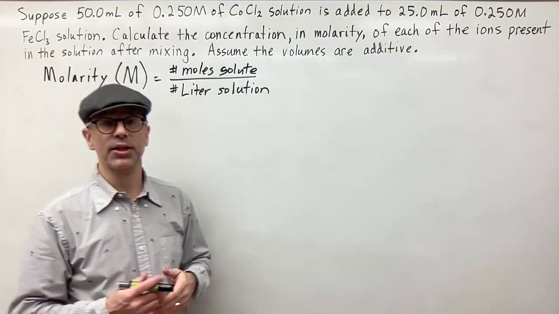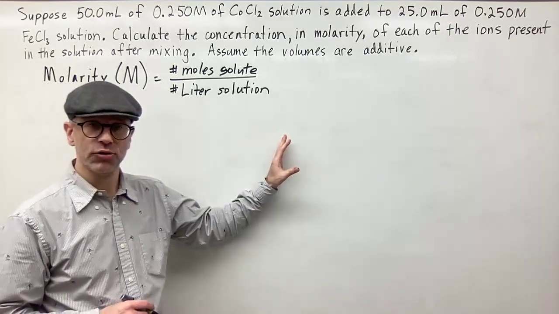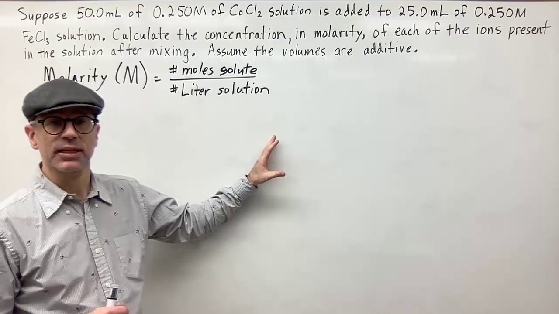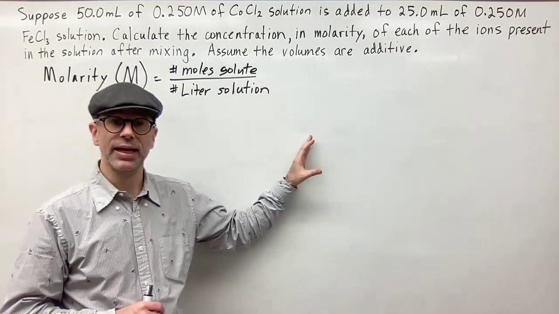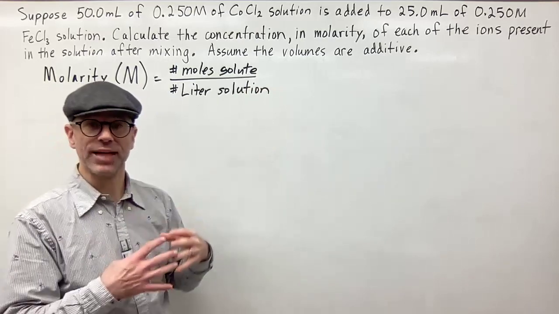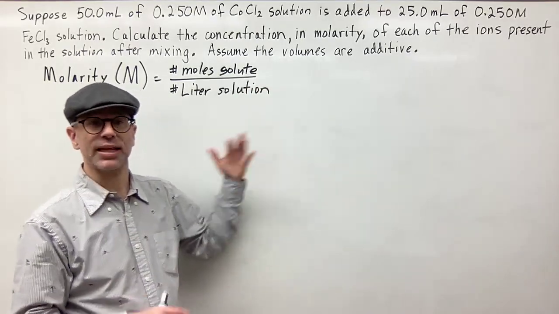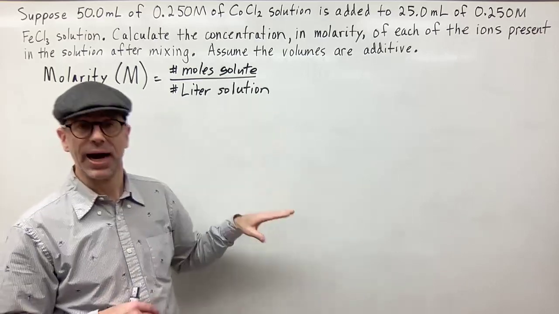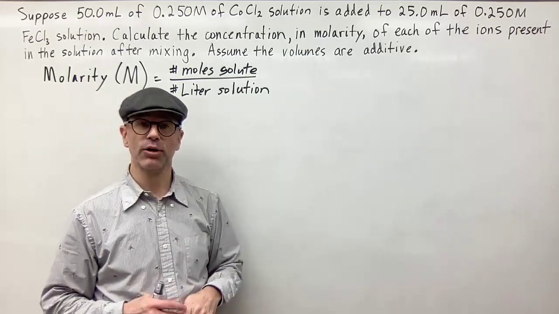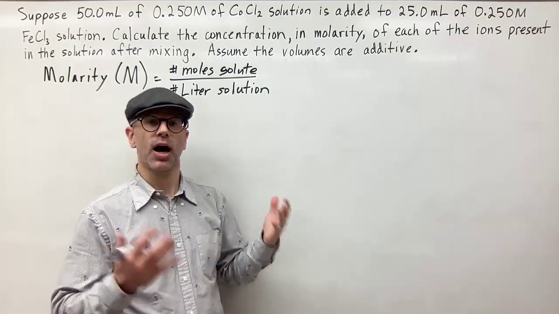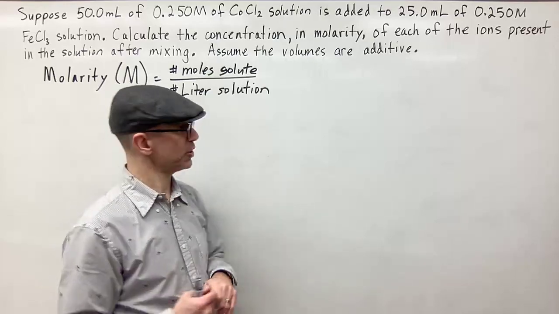Before we mix them together, if we can get the number of moles of the ions, then we can take the total volume that was added together, in this case 75 milliliters, change that to liters, and then divide the moles by the liters to get the new molarity of each ion in solution.